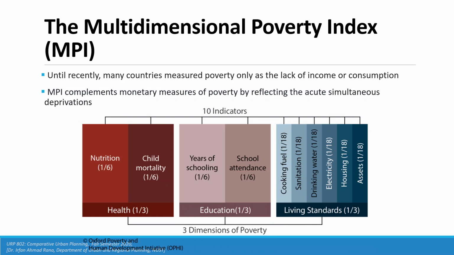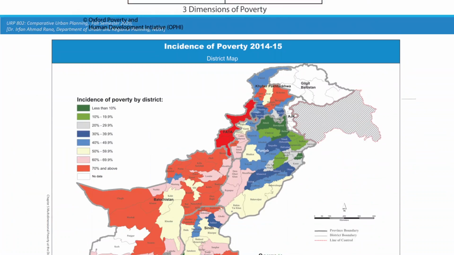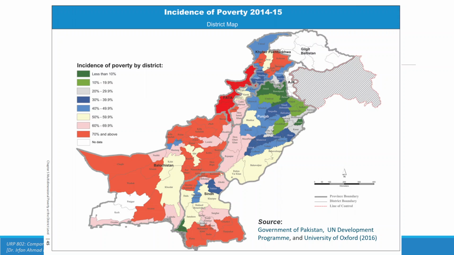In this index, they proposed that it should be measured in terms of deprivation from certain necessities. If these necessities are not met, then that household is basically poor.